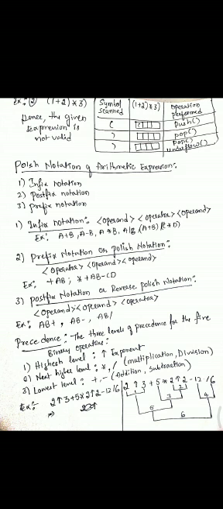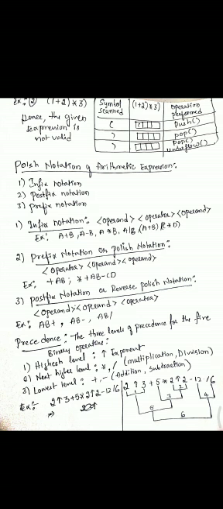So next, let us look at the precedence of operators. We know that the first priority of an arithmetic expression is given to the part of the expression inside the parenthesis. As we all know, the parenthesis will have highest priority.